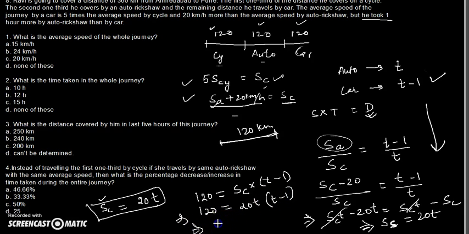Now I get t square minus t minus 6 is equal to 0. Using this, you can solve this equation and you'll get t equal to 3. The positive value you will take, t equal to 3.